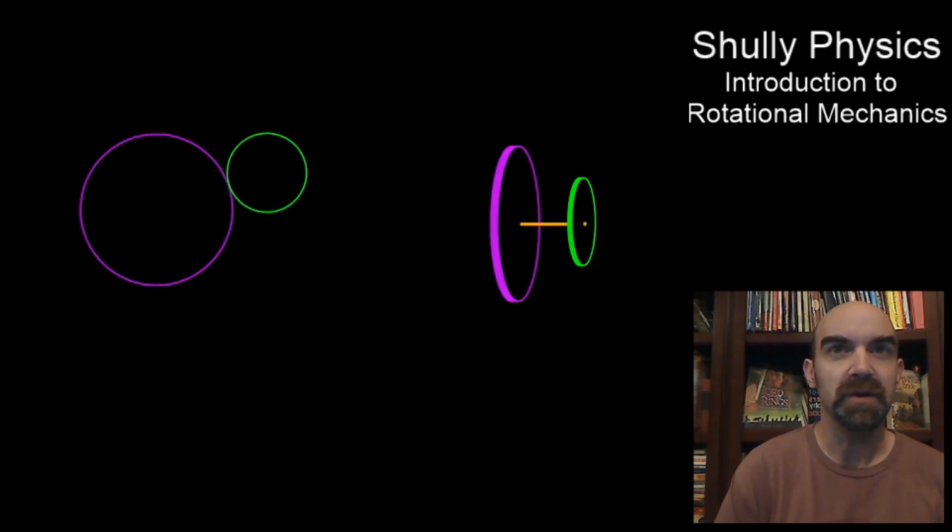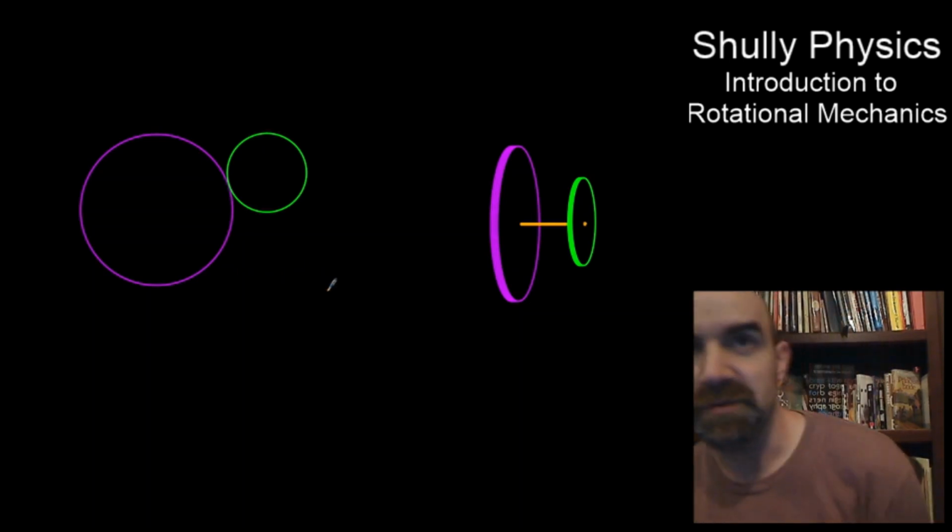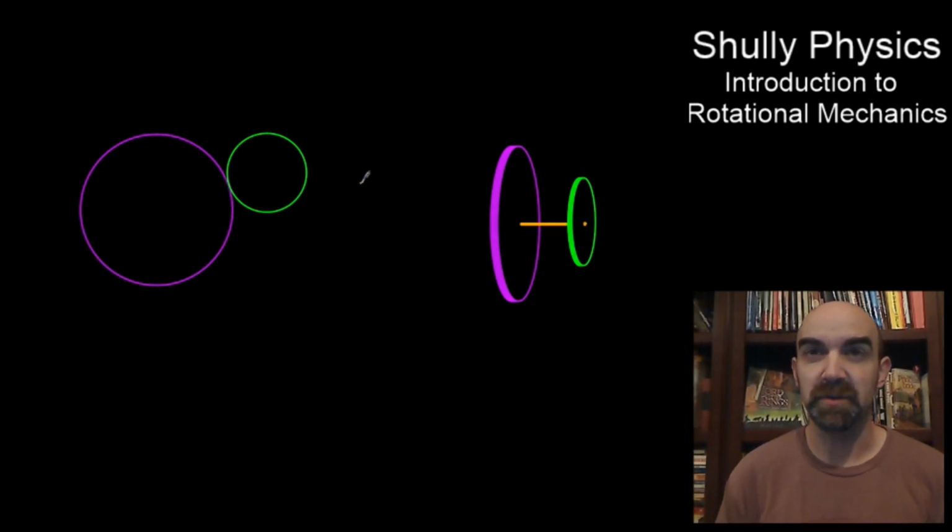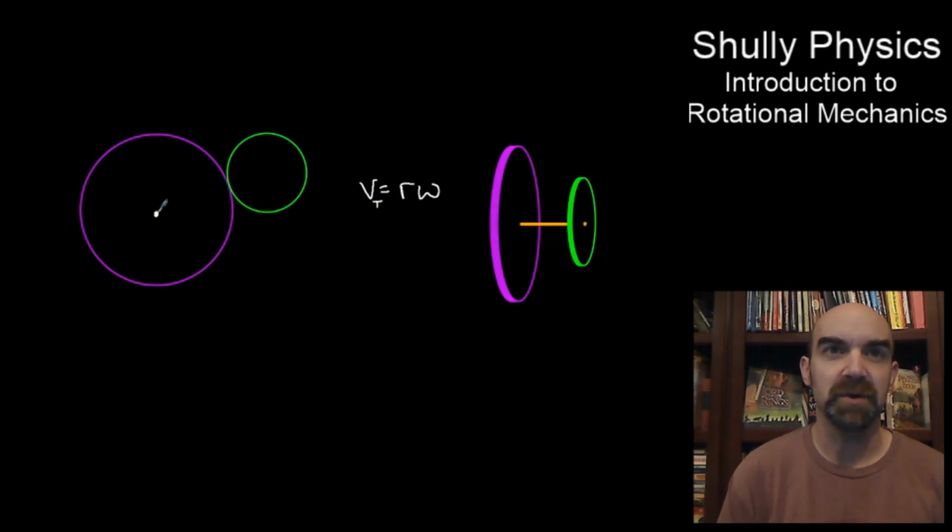Okay, so here are a couple of scenarios where you might need to use this particular one. We're going to go to the one in the middle, v equals r omega. Remember this is a tangential velocity. I've got a couple of gears or cogs here that touch right there at that point. We'll call this one 2 meters in radius, and I'll give this one a 1 meter radius.